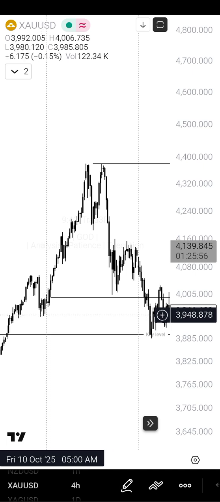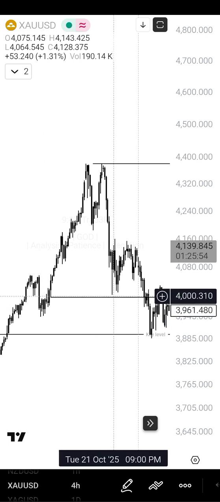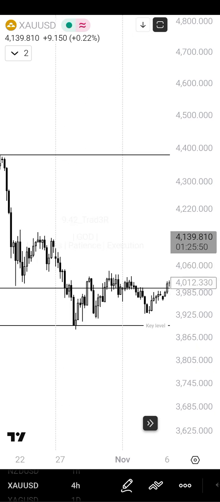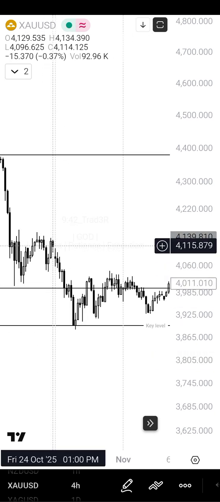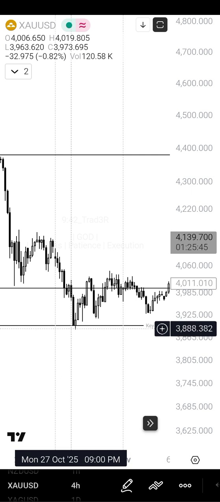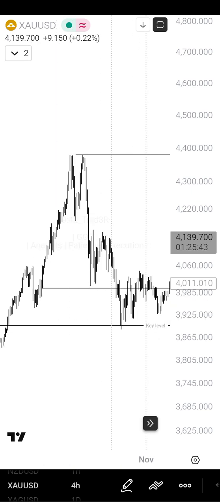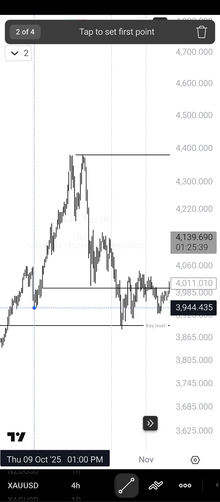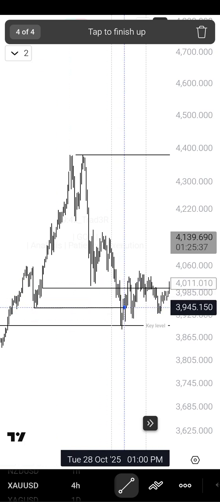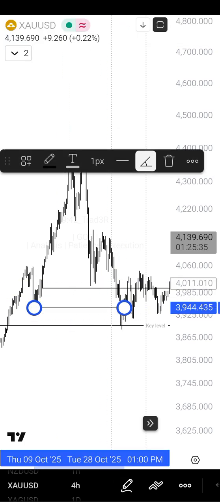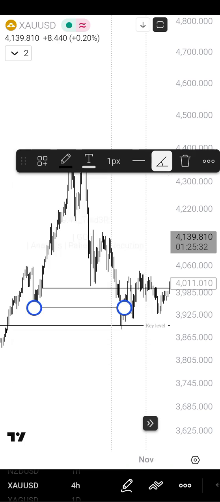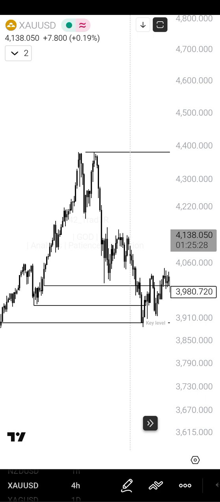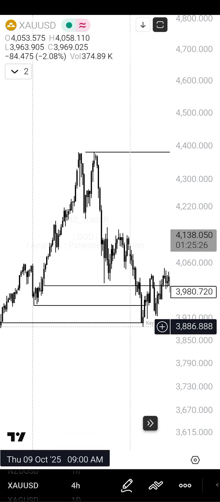This is a previous liquidity pool, and this one here also is a previous liquidity pool. So you want to see price open, dump into the key level, taking out pre-manipulation liquidity pools. In this case, we had this low here as the pre-manipulation liquidity pool before hitting the key level.